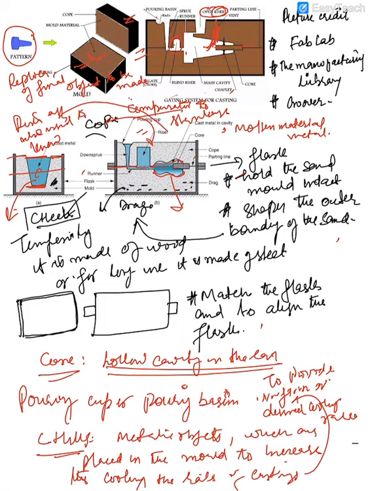In a closed mold, the cavity is entirely enclosed by the mold with a passageway called the gating system. This is the passageway from sprue to runner to gate, and there is a riser system, and then to the cavity. So there is a complete passageway, called the gating system, leading from the outside. So here we can also see the difference between a closed mold and an open mold.